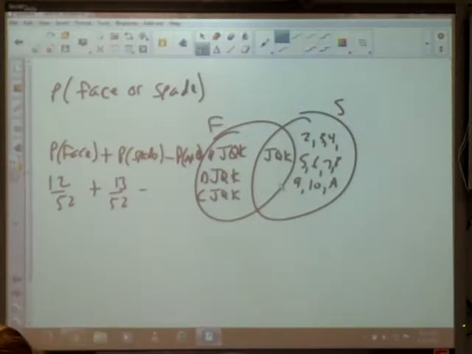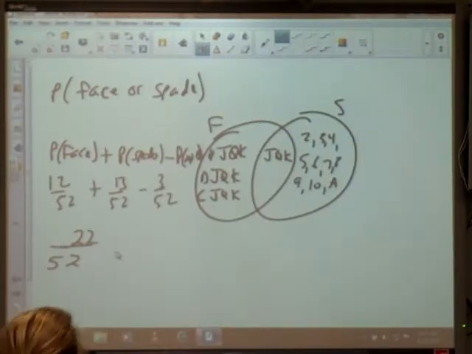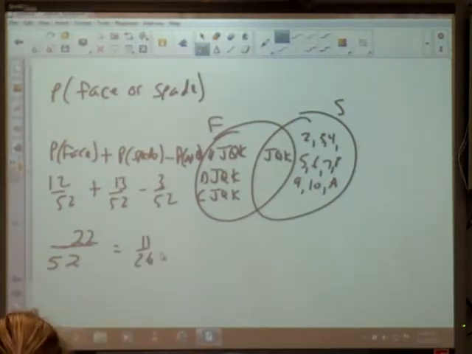So how many are in my overlapping area? 1, 2, 3. So 12 plus 13 is 25. 25 minus 3 is 22. So we're looking at 22 over 52, which is 11 out of 26, which would be about 42%.